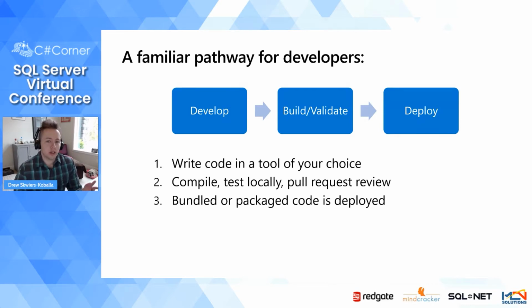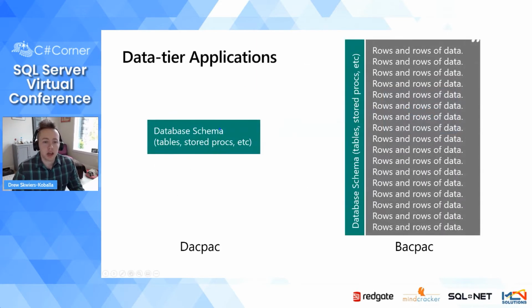Things get interesting when you talk about databases. The complication with databases is that instead of just being code, instead of just being create table statements and create stored procedure, you have data.